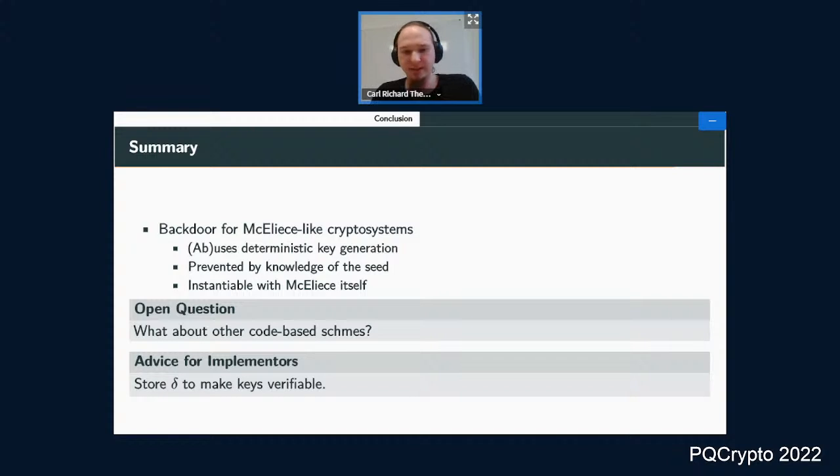So we don't know whether this translates to other code-based schemes that don't have a permutation in that way. And I also want to stress the advice again that it's important to actually store these seeds to make the keys verifiable, especially if you're implementing it and notice that the seed is not necessarily used anywhere again.